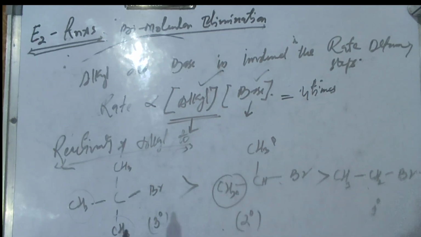From the tertiary alkyl halide we will get a more substituted alkene, while in the case of the primary we will get a less substituted alkene. This means the tertiary will form the alkene more quickly and will be more reactive than the primary. So that's what we have in these E2 reactions.